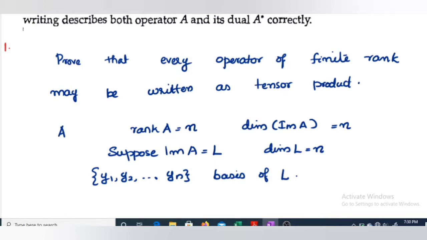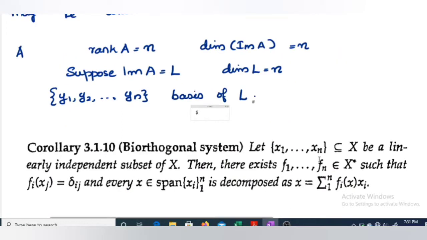We have one result on biorthogonal systems. This was our result. Let x1, x2, etc., xn belong to X, a linearly independent subset of X. Then there exist f1, f2, etc., fn belonging to X star, such that fi of xj equals delta ij. We have this result.